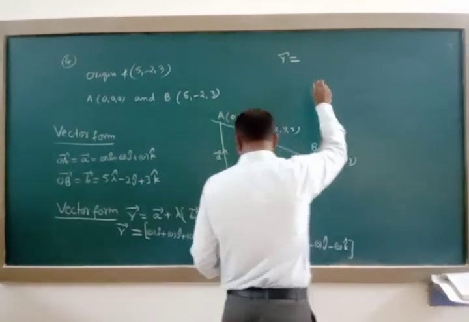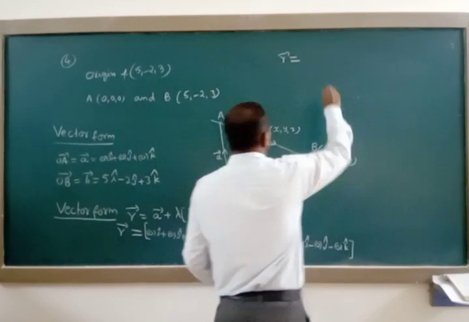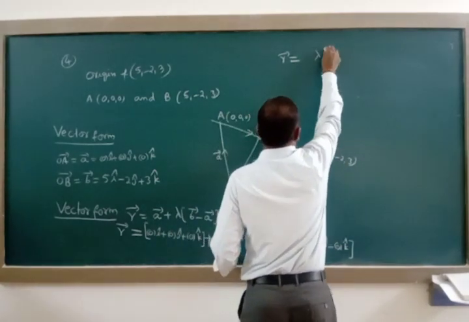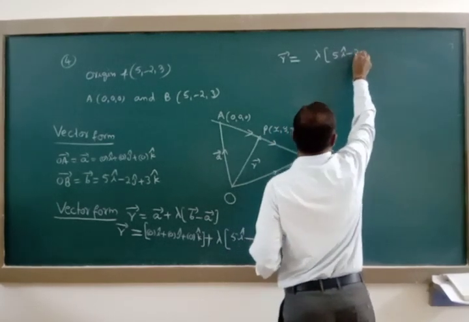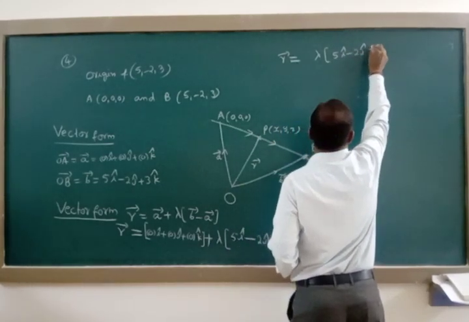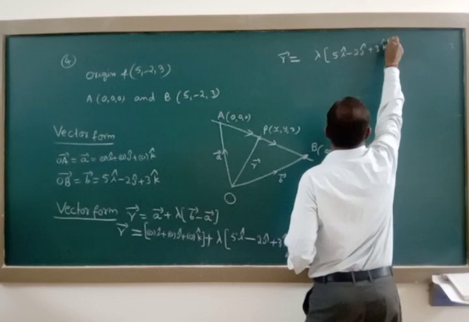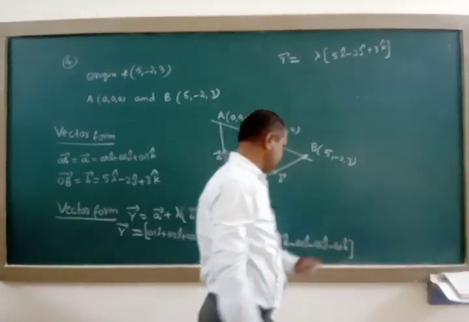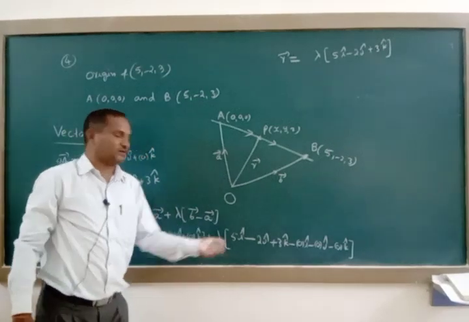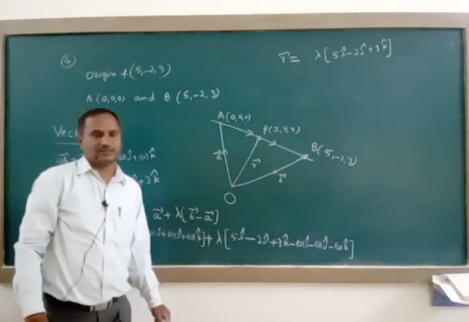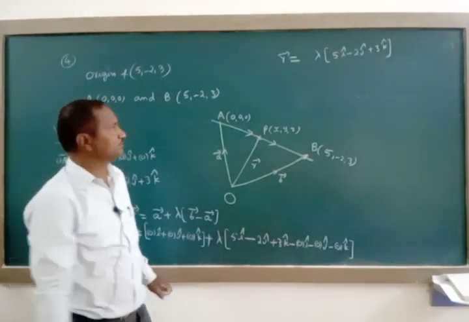That is multiplied with lambda, or lambda into 5i cap minus 2j cap plus 3k cap. Here also one null vector is left, because whether we write it or not, both give the same meaning, so better cancel it.